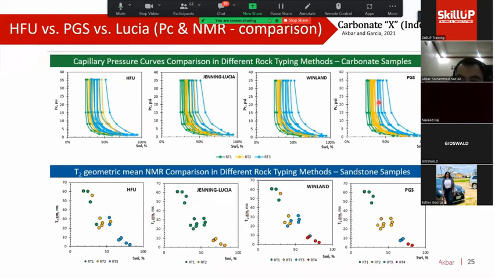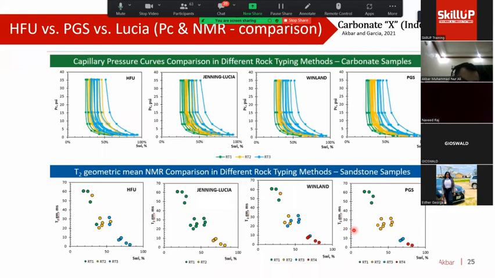Not only the capillary pressure data, we also try to connect with the T2 geometric mean from the NMR core, from our sandstone data, and the PGS is really consistent in grouping the irreducible water saturation, and also connecting with the T2.